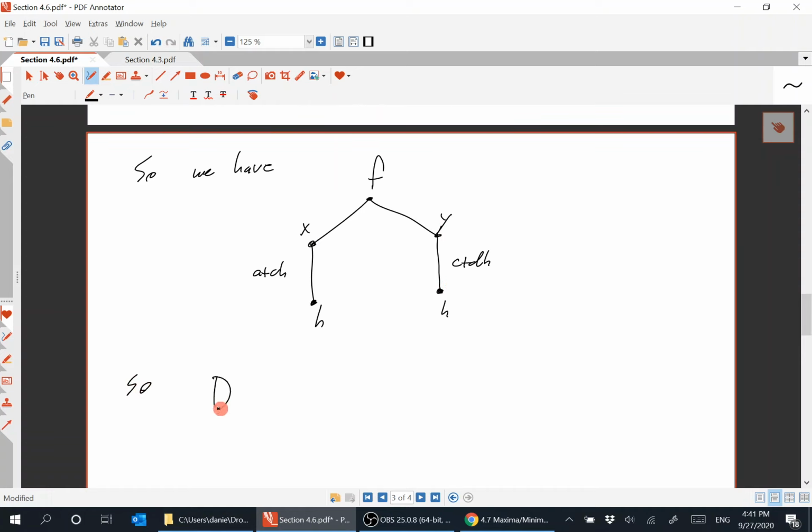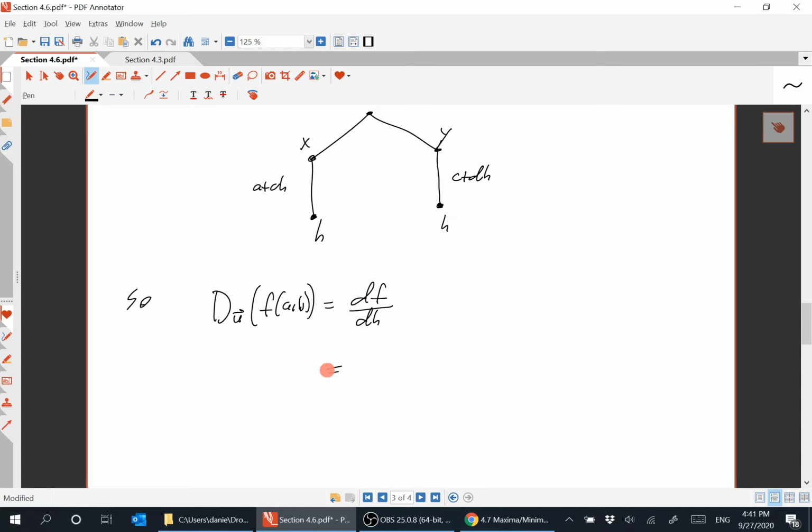So the directional derivative of f at (a, b) is the derivative of f with respect to h, which is equal to the partial derivative with respect to x times dx/dh, plus the partial derivative of f with respect to y times dy/dh, where x is equal to a plus ch and y is b plus dh.